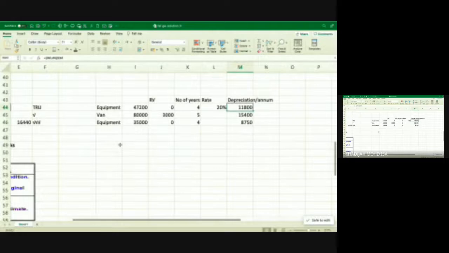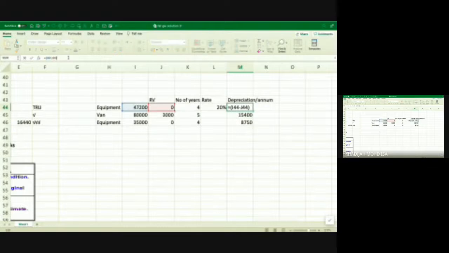Oh, you just times 20% je. $16,440. So you should get the same. But this one is $15,400.